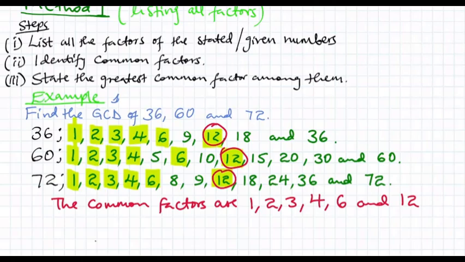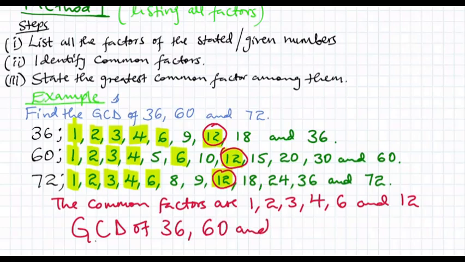But among them, the greatest is 12. So the GCD of 36, 60, and 72 is 12.